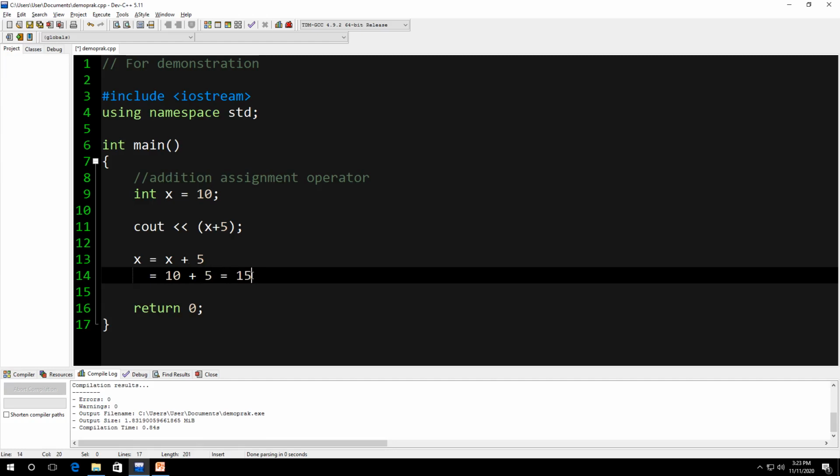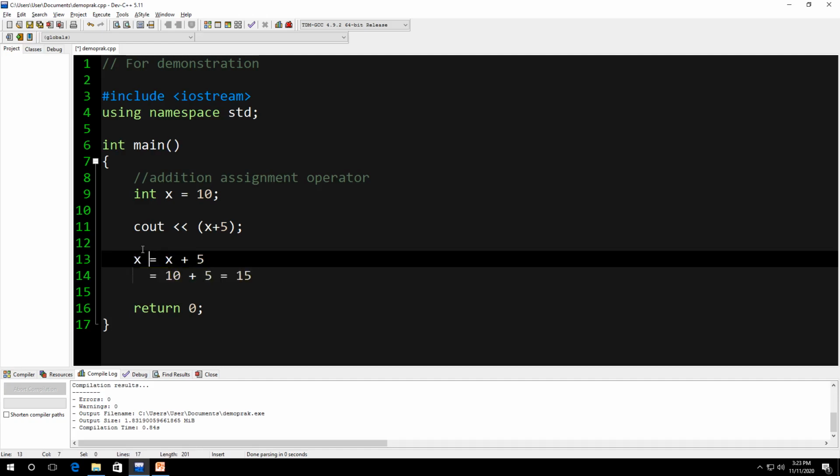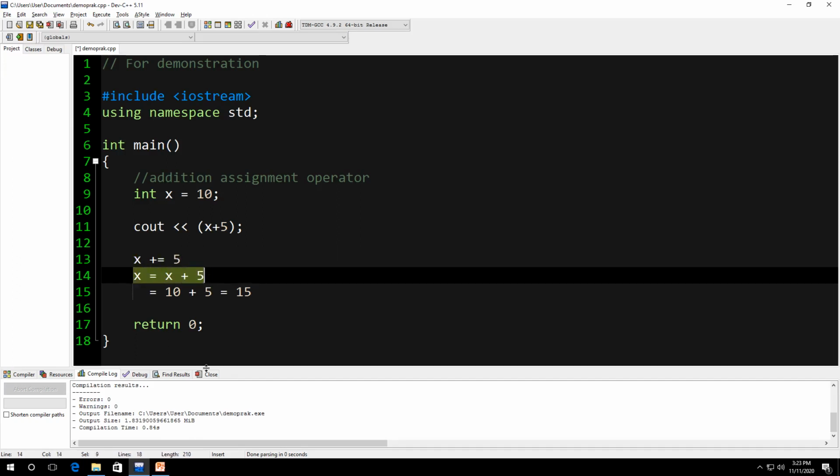So that's why if you do the addition assignment operator, it will give you this one, this x plus equals 5. This expression is equals to this expression.